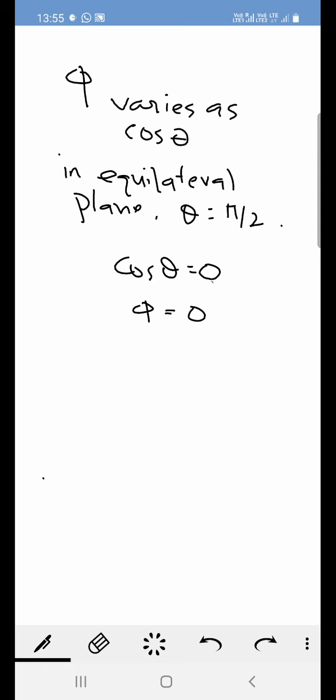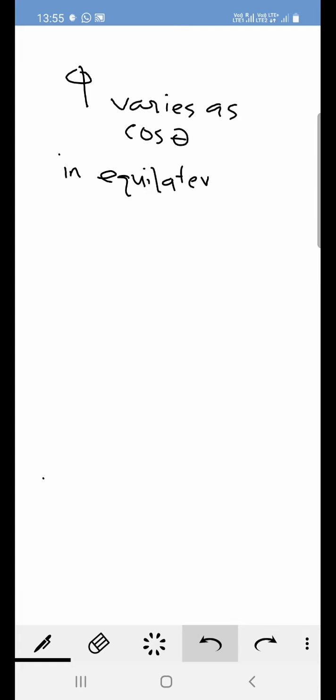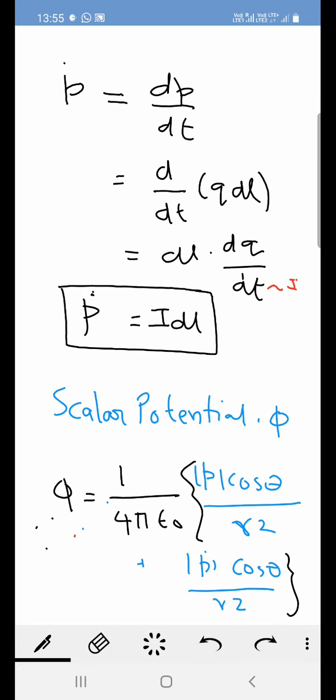There has been a mistake, I think. In the scalar potential, this is not r squared, this is only r.